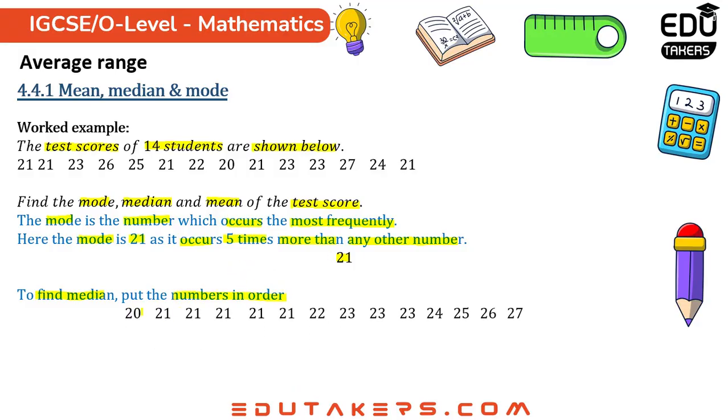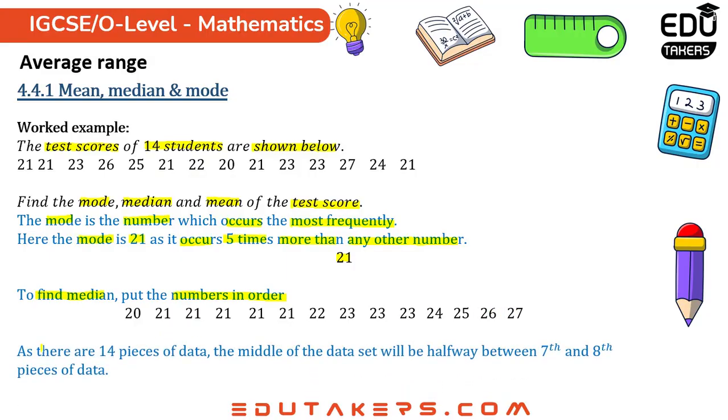It will be 20, then 21, 22, 23, 24, 25, 26 and 27. As there are 14 pieces of data, the middle of the data set will be halfway between the 7th and 8th pieces of data.